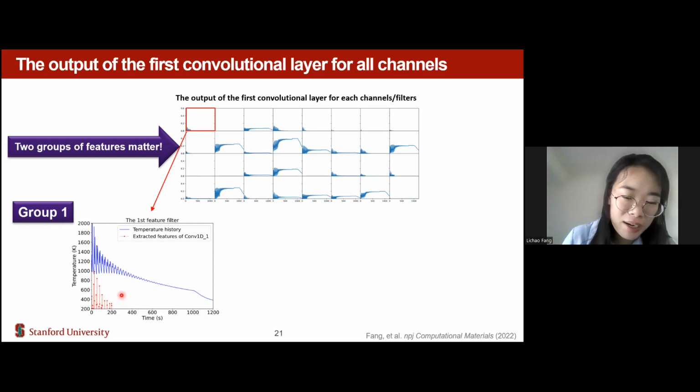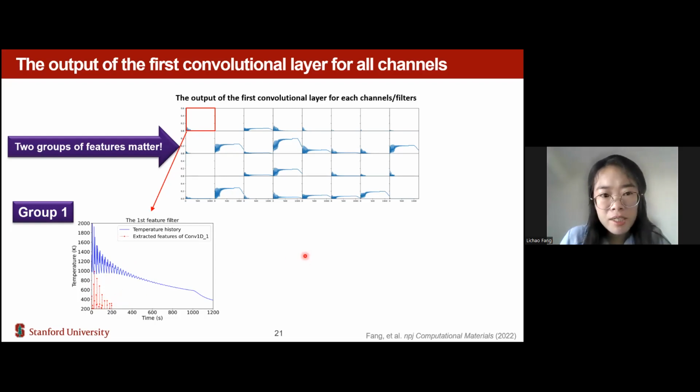In order to analyze this, we plot these features together with the temperature history in the same plot. There are 2 major patterns. In group 1, there are extracted features only in the first few thermal cycles.